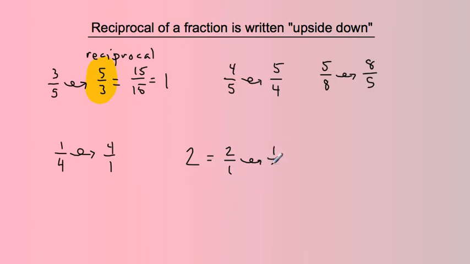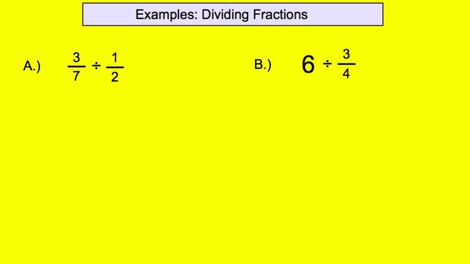It would be 1/2. All right, what about the reciprocal of 12 then? And again, you rewrite 12 as 12/1, and then the reciprocal of 12/1 is 1/12. So we can find the reciprocal of whole numbers, we can find the reciprocal of fractions, and that's what we're going to need to do as we move through this lesson.